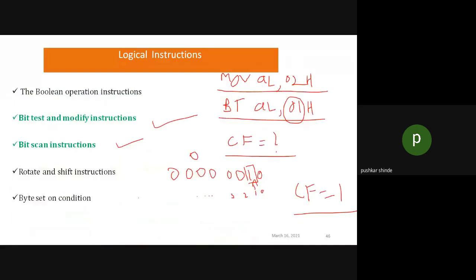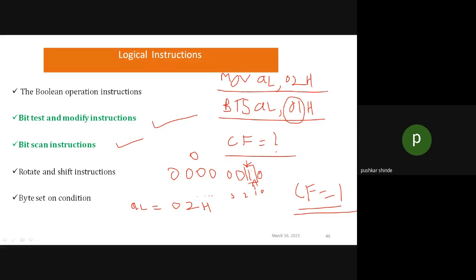Like for example, if this would have been like this example, here it would have become BTS. So carry flag would have been 1 and AL would have remained 02H because that bit was already 1, so it would have remained 1.